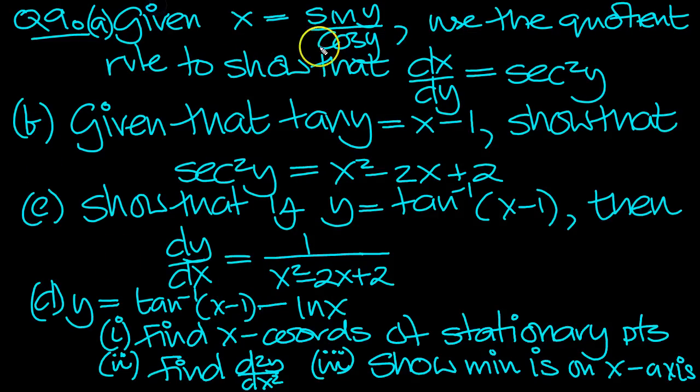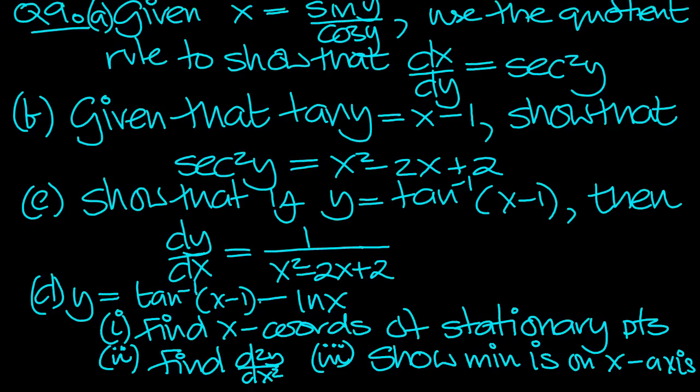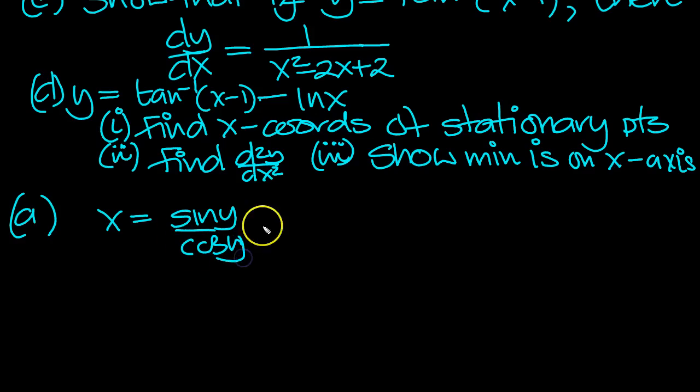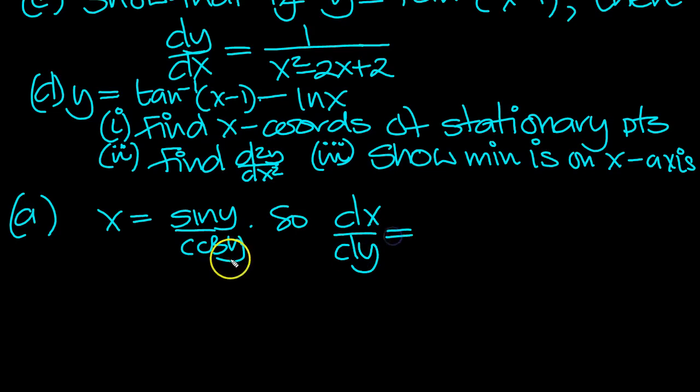So the first thing is use the quotient rule here for x equals sine y over cos y to get dx/dy. So dx/dy then. Use the quotient rule, so it's v du/dy minus u dv/dy, all over v squared.